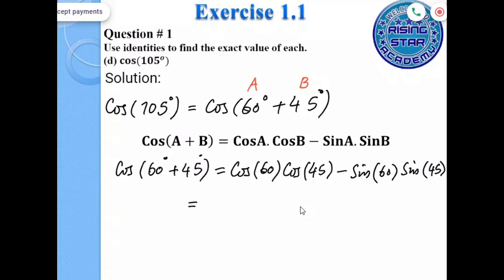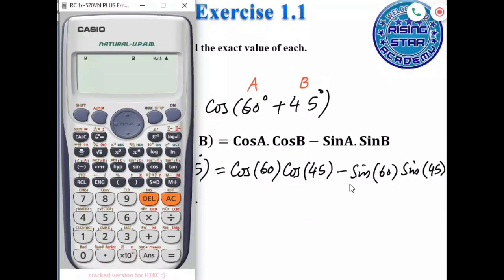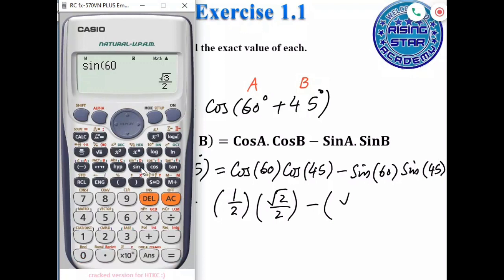So the cos 60 value, we will apply the calculator to check it. So cos of 60, that would be half, and then we will check cos of 45, that is square root 2 by 2, minus, then we check sine of 60, so that would be square root 3 by 2, and then sine 45, that would be square root 2 by 2.